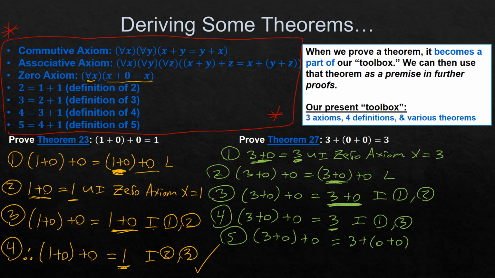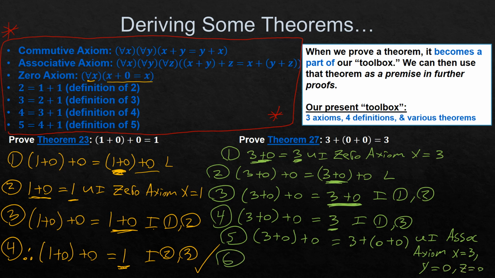So this is just the universal instantiation of our associative axiom. x is equal to 3, y is equal to 0, z is equal to 0.